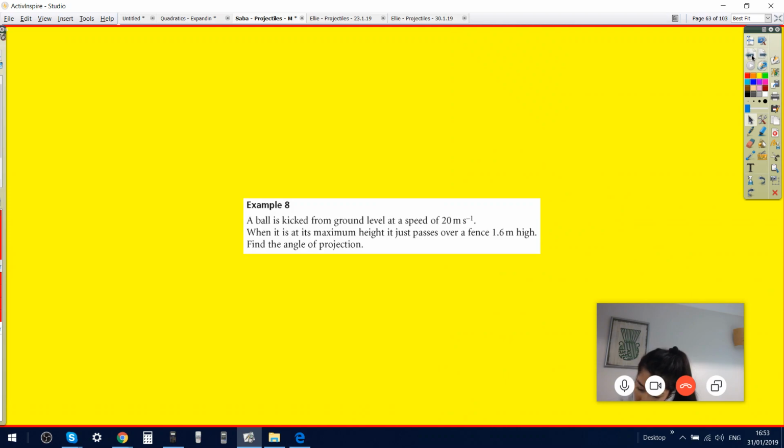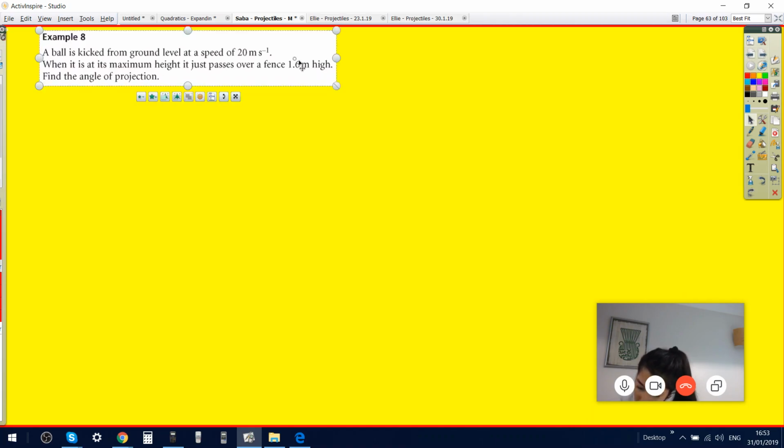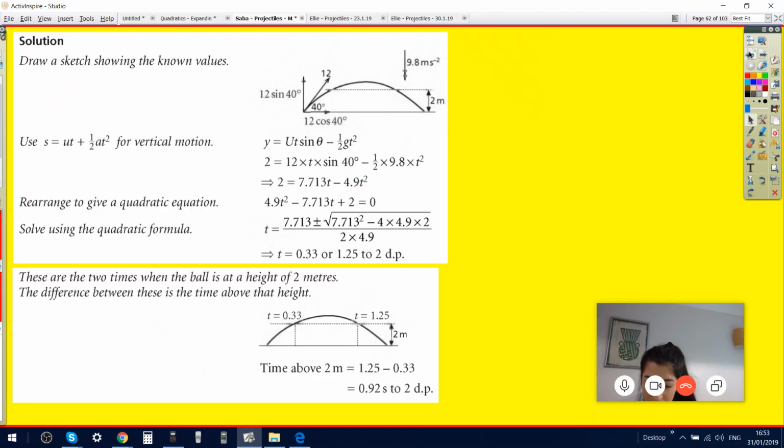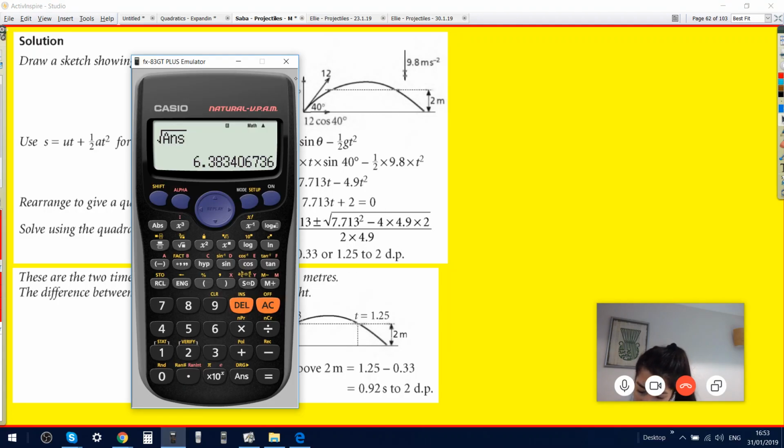Divided by 2, 4.9 is 1.57. And then, wait, no, I'm not getting 0.33 or 1.25. Wait, hang on, let me do it again. We have 4.9 minus that. Are you in radians? Okay. Solve.